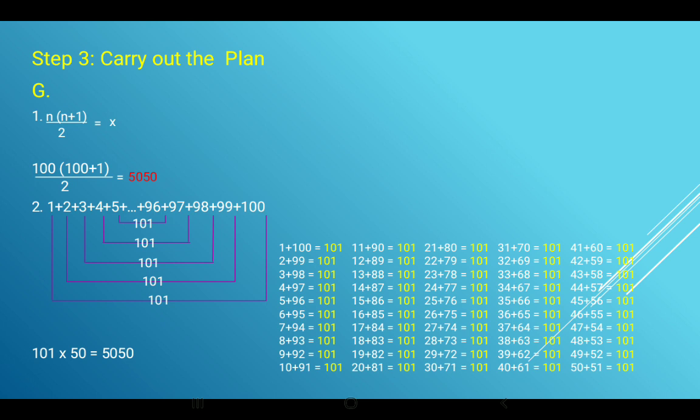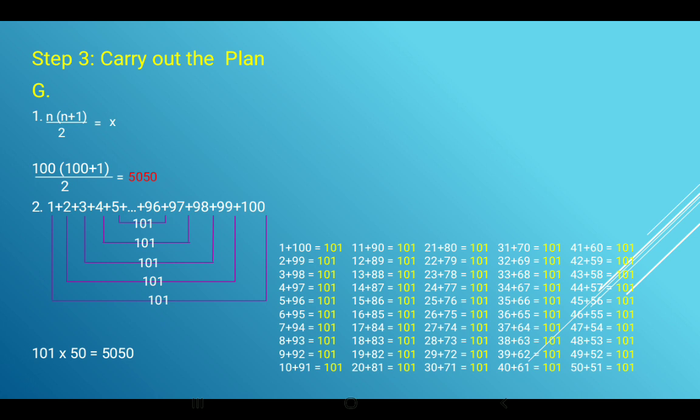So, 100, quantity of 100 plus 1 all over 2 is equal to 5,050. So, ibig sabihin, yung sum from 1 to 100 is 5,050.